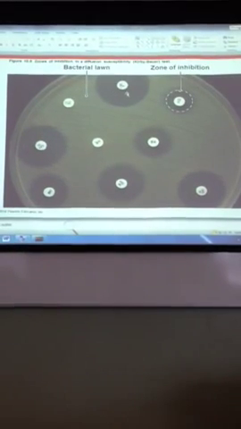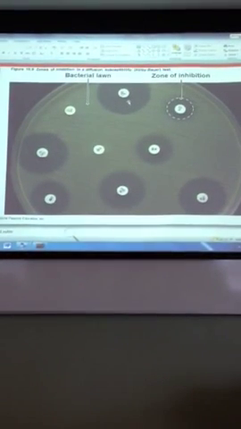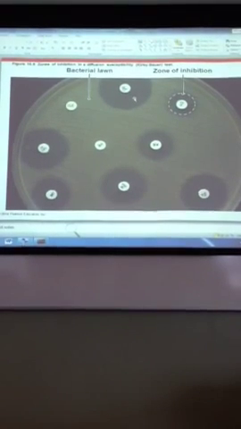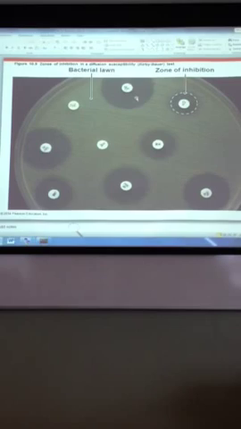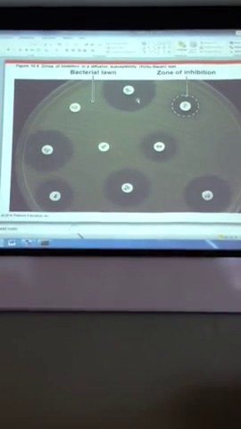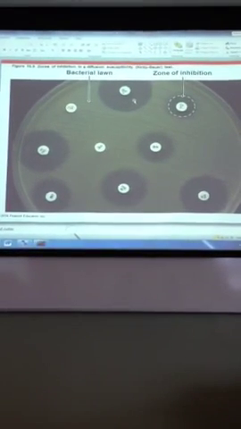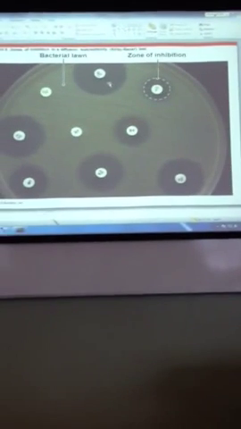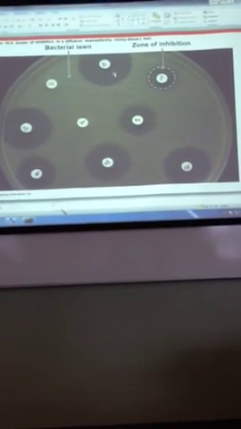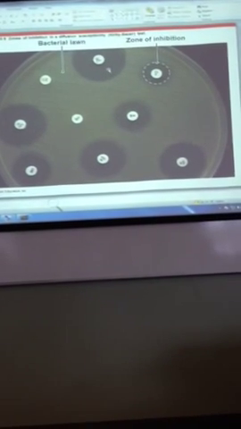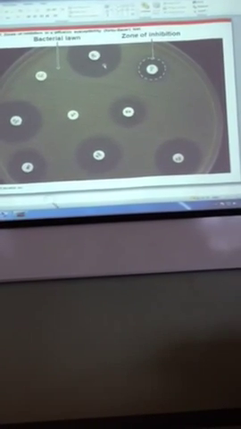So it's not enough just to eyeball the zone of inhibition. You have to measure it and compare it to a standard chart of known measurements that indicate sensitivity and resistance for each different antibiotic. So on the page that I typed up for you, you have a tiny little chart. But there's an entire book of these charts for all the different antibiotics.